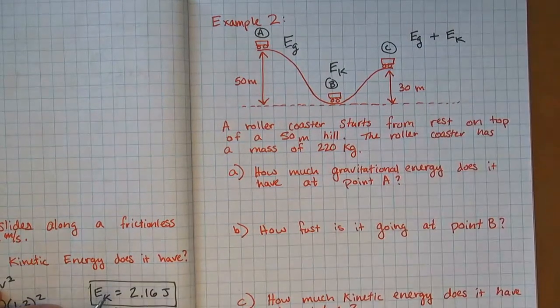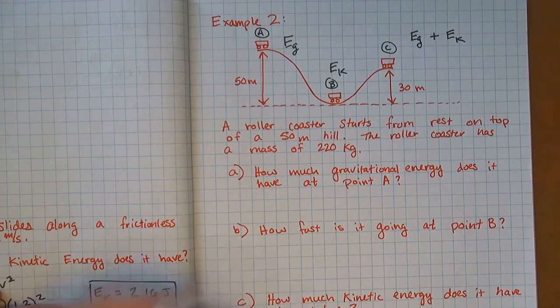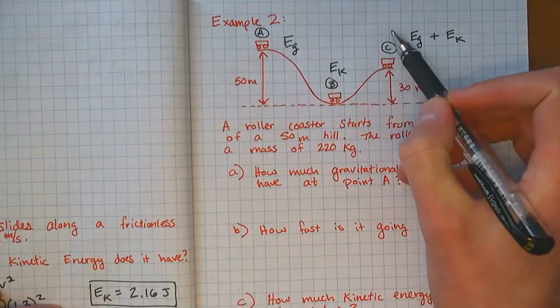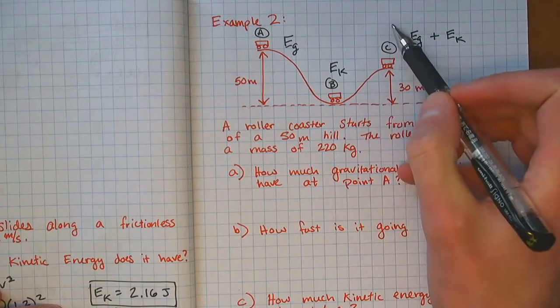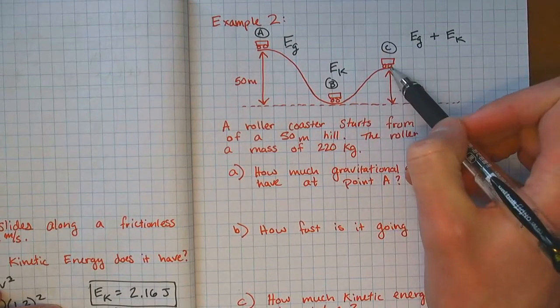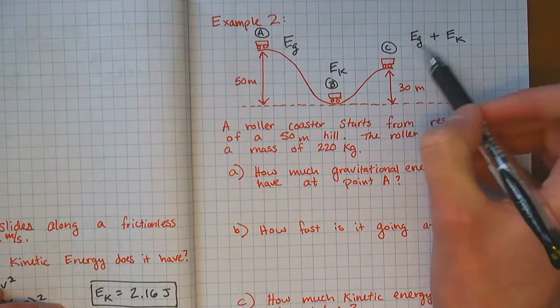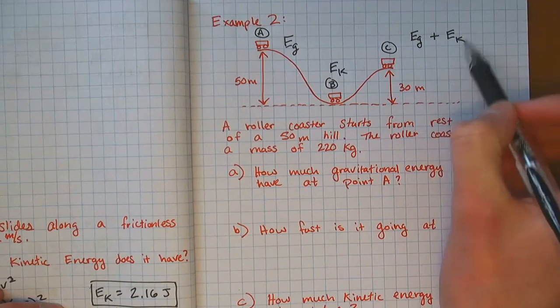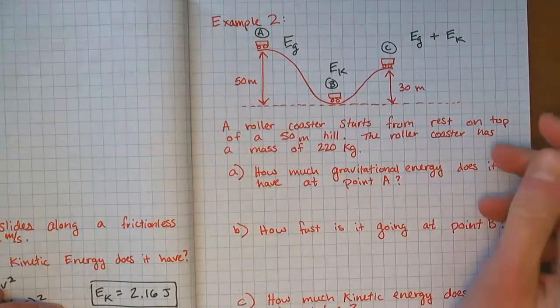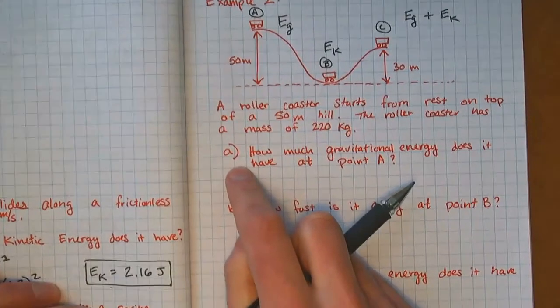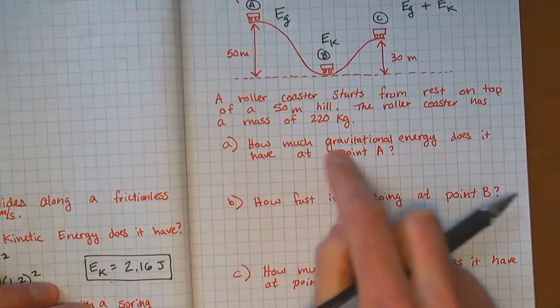It could go all the way back up to the top if the track went that way, but it's only about half of the way up, so it's going to have some gravitational energy, but also some kinetic energy because it's still moving.